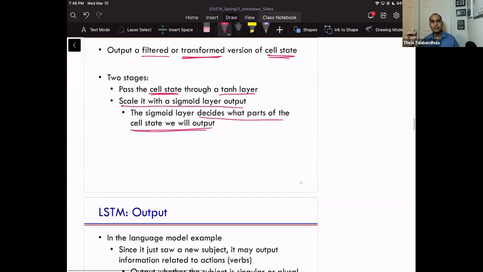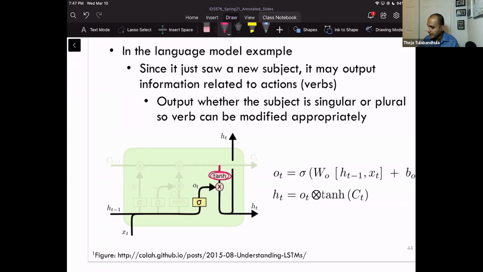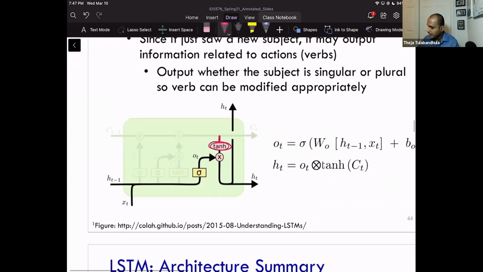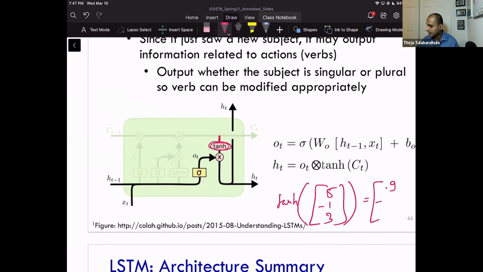Since it's not the yellow block, it's basically an element-wise transformation. If the cell state happens to be 5, -1, and 3, then a tanh transformation is just tanh applied on these. If it's 5, maybe make it 0.9. If it's -1, make it -0.1. And if it's 3, make it 0.7. Tanh is just squishing the numbers.